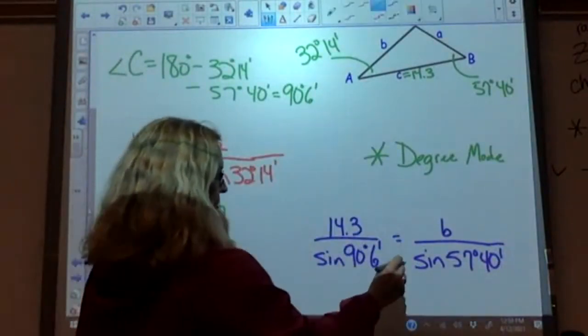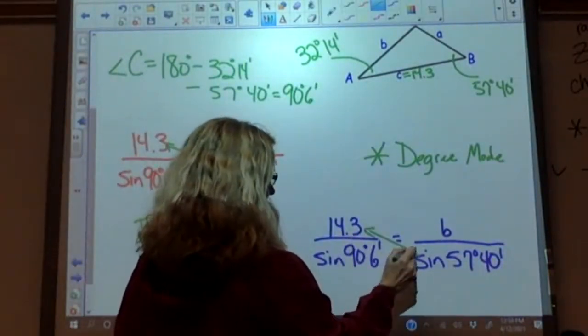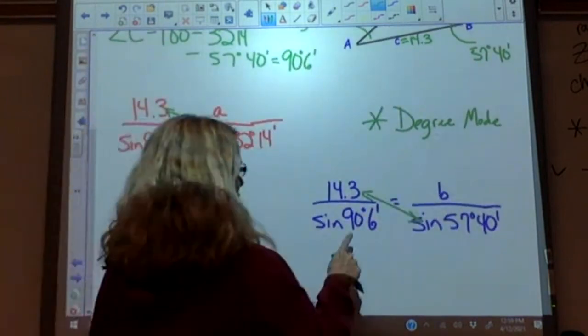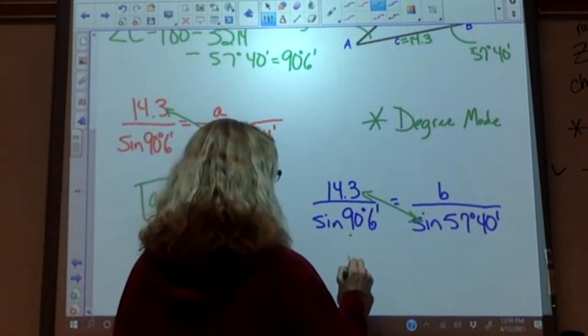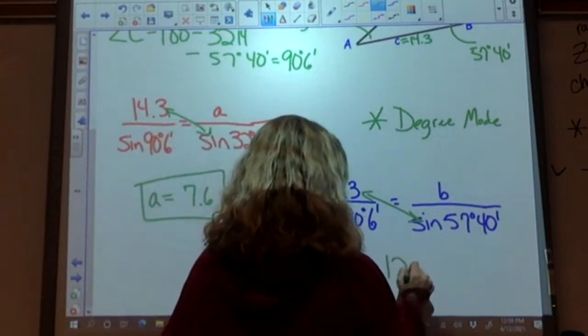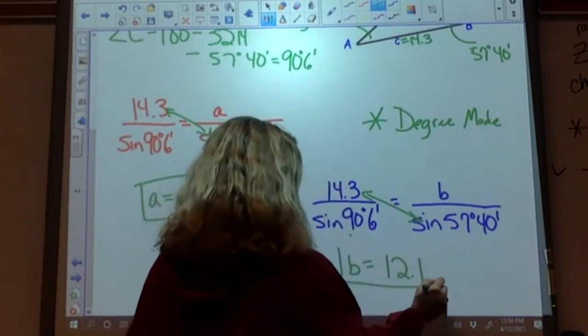Now I cross multiply and divide by the other trig function, and I'm left with b equals 12.1, rounded to the nearest tenth.